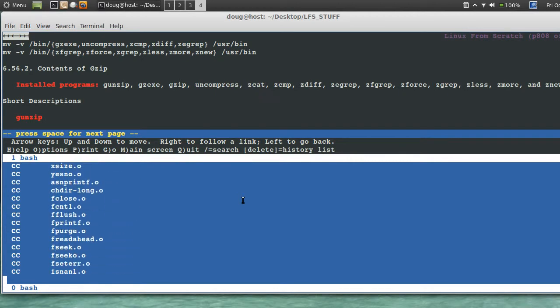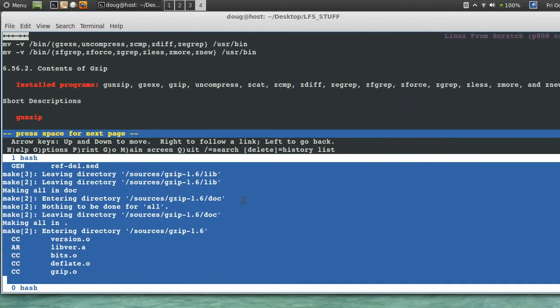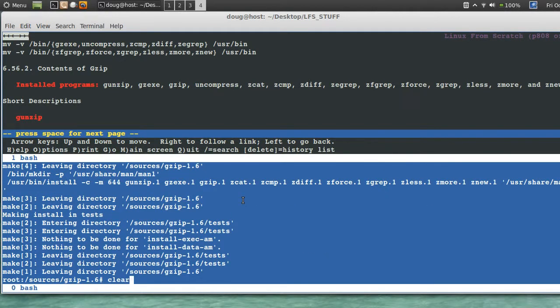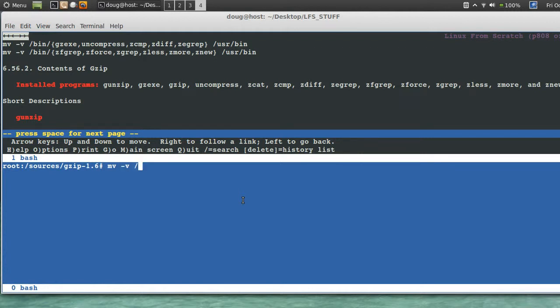Gzip gives us our gunzip and gzip, uncompress, zcat, zcmp, zdiff, all that good stuff. Bin: gzexe, uncompress, zcmp, zdiff, zegrep to /usr/bin.